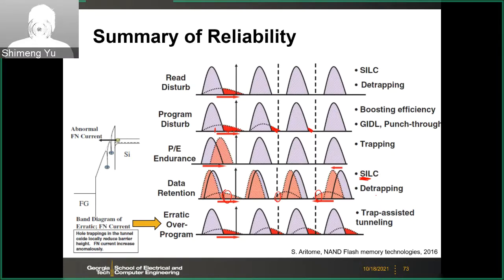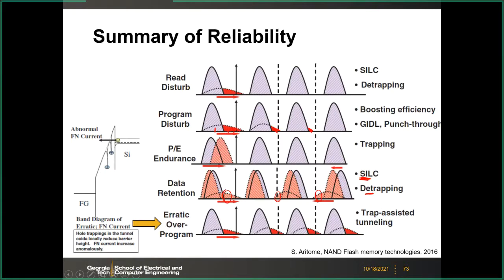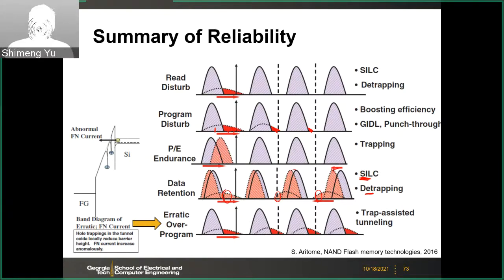And then the other mechanism is detrapping. Electrons may spontaneously get out from the floating gate due to the detrapping, and this will reduce the VTH. So you see that all the distributions shift towards the left a little bit due to the detrapping.